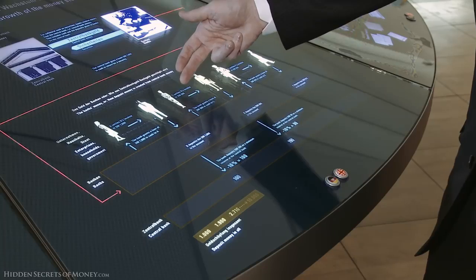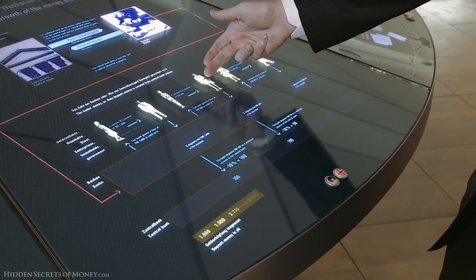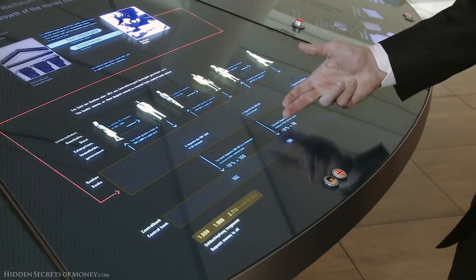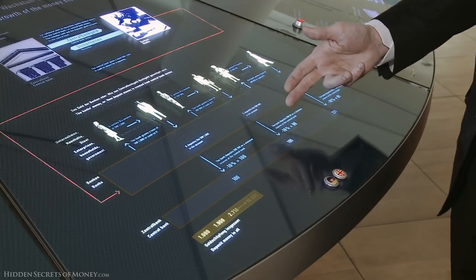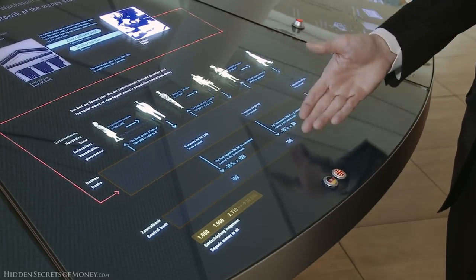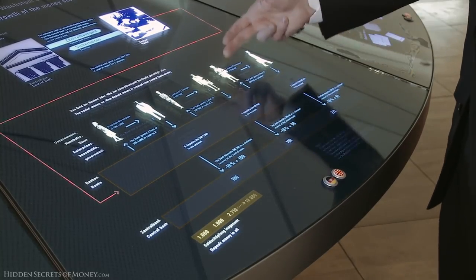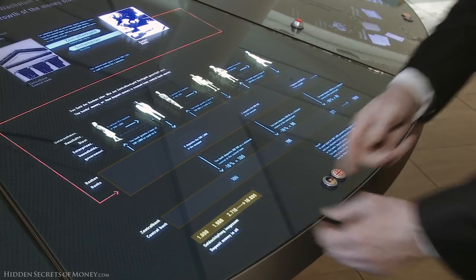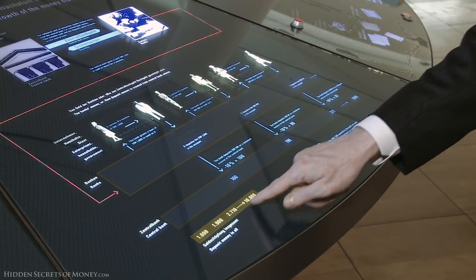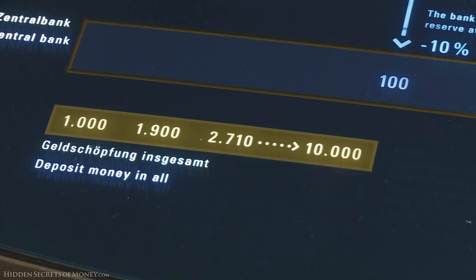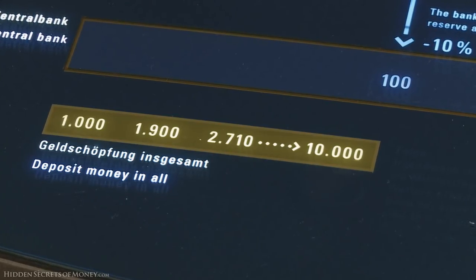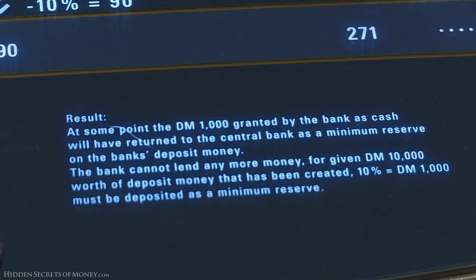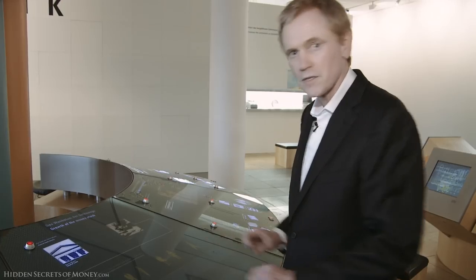And then they loan out 900, which then she buys something from this guy, he deposits the 900. They borrow 90% of that and leave just 10% on deposit for him. And the result is that it expands. Every 1,000 ends up creating 10,000, or every $1 creates $10. And they've got the result here. It's all sort of a voodoo hocus pocus scheme.